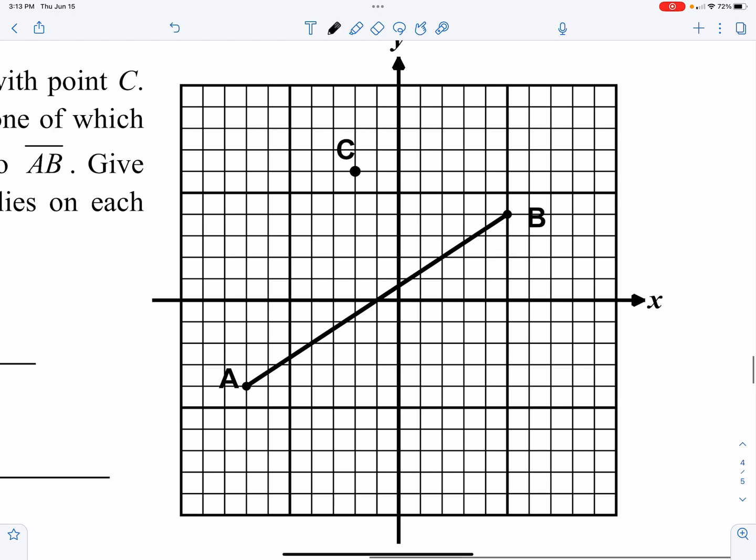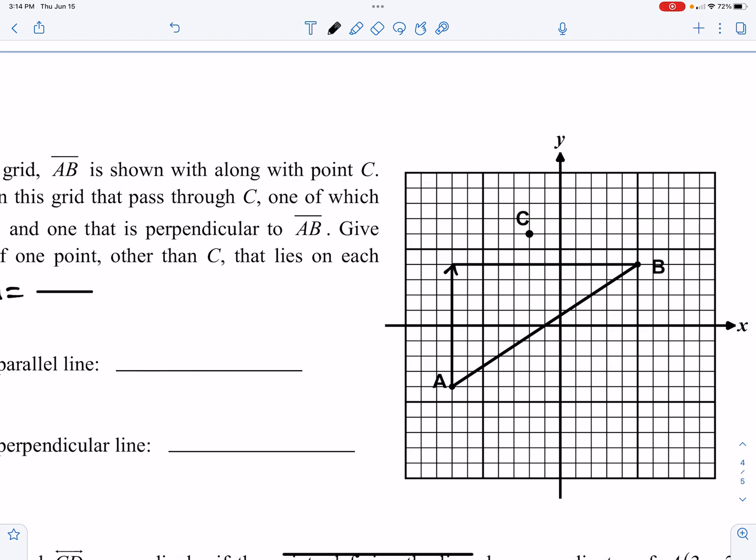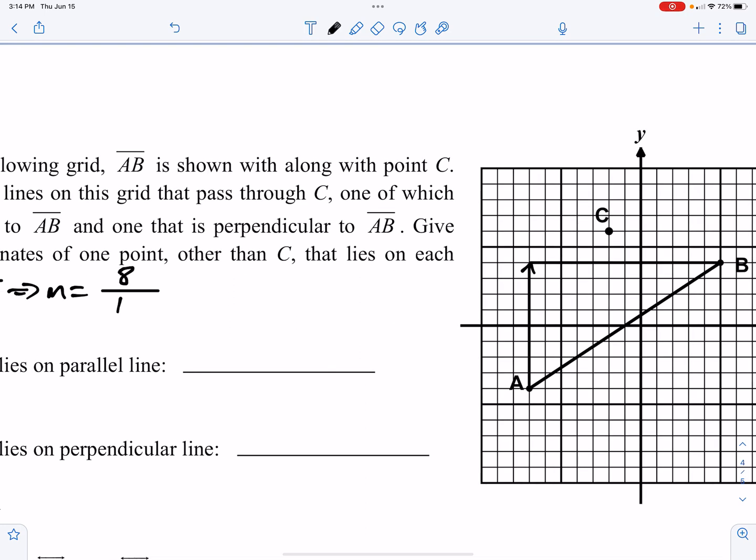And we're going up 1, 2, 3, 4, 5, 6, 7, 8 over 1, 2, 3, 4, 5, 6, 7, 8, 9, 10, 11, 12. Going up 8 over 12. The largest number that divides into both of those would be a 4. So we are going 2 over 3.